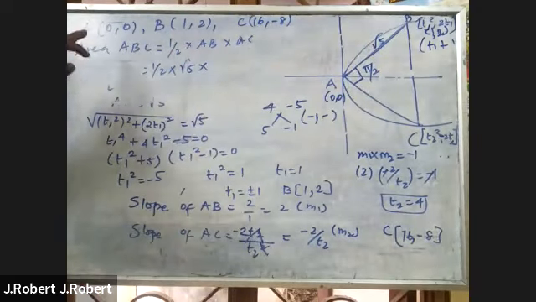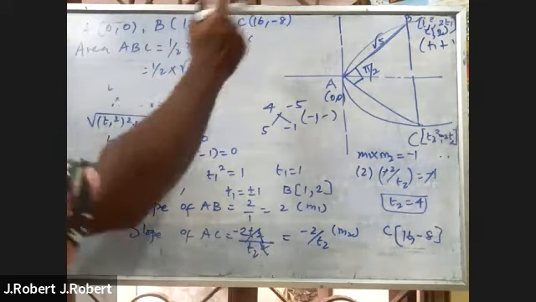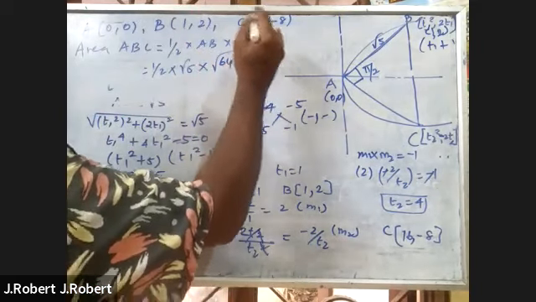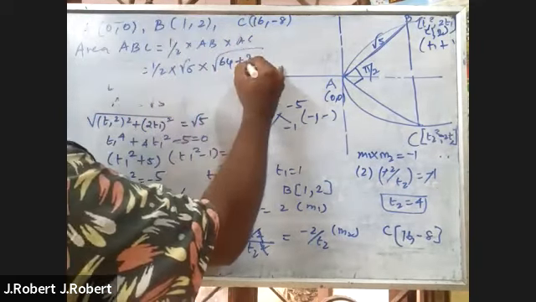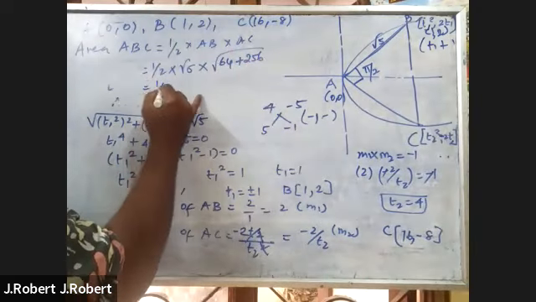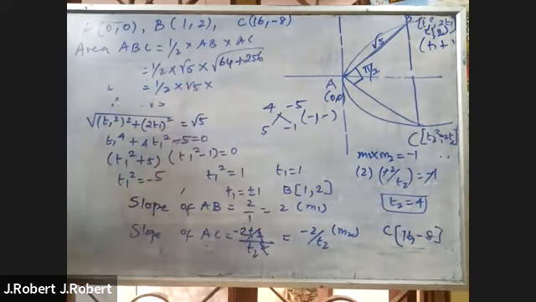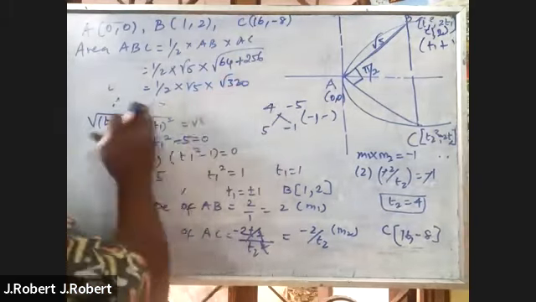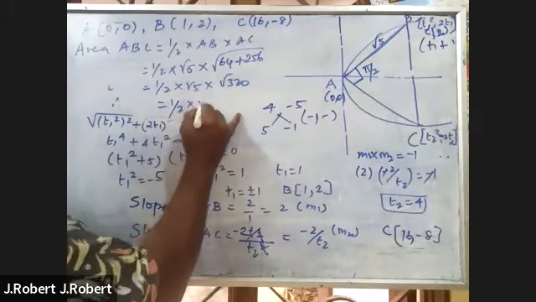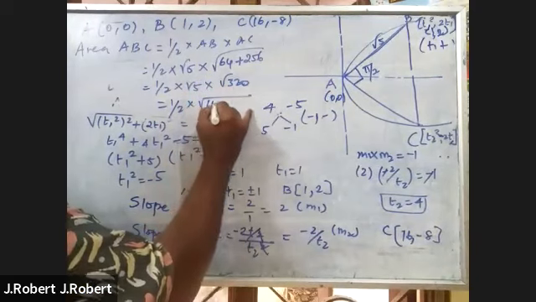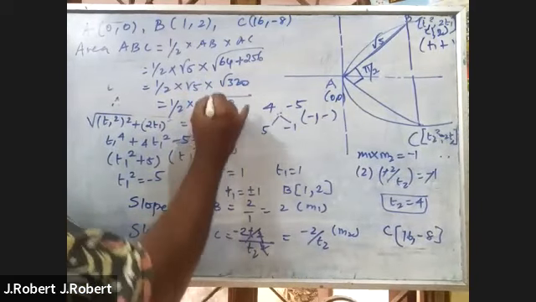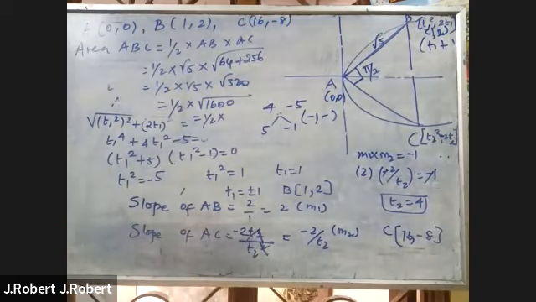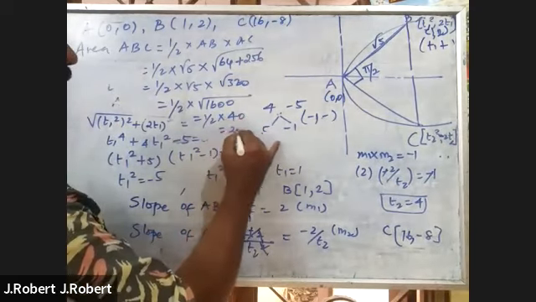AC means the square root of (minus 8) whole squared, which is 64, plus 16 squared, which is 256. So 1 by 2 into root 5 into square root of 320, which is equal to 1 by 2 into the square root of 1600, which is 40. Therefore the answer is 20 square units.